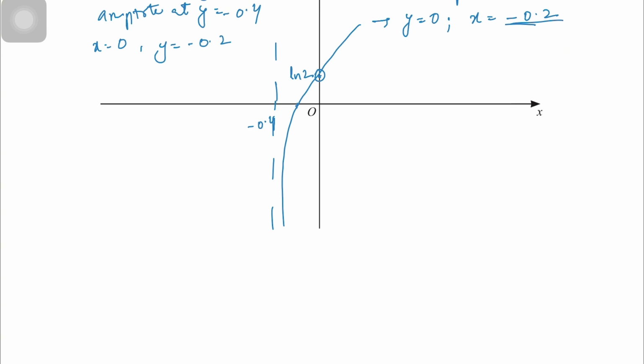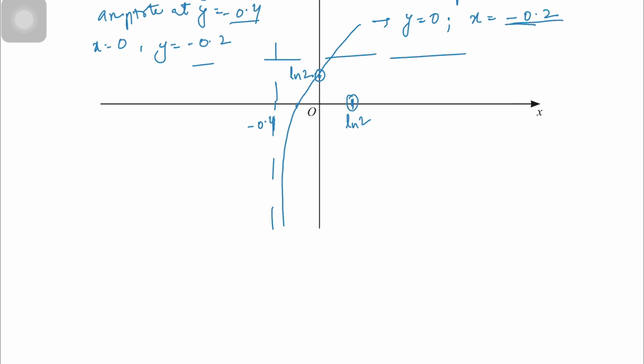And for this, we calculate the negative 0.4 as our asymptote. So this would be something above this. Let's just assume this is our asymptote, and our x is ln 2. Let's suppose this is ln 2. Our y would be 0 over here.